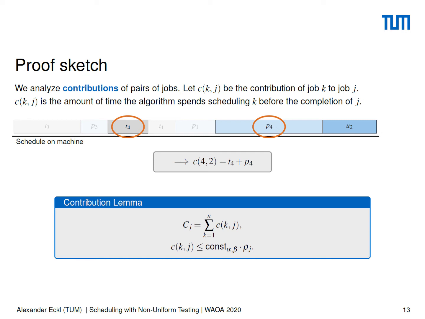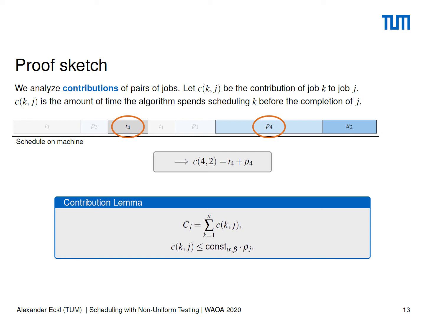If we look at this short example here, where we want to compute C42, which is the contribution of job 4 to the completion of job 2, we see that it is everything the algorithm schedules before 2 is finished. Since 2 is only finished at the end of this example schedule here, we have that both the testing time and the processing time of job 4 is included in the contribution C of 42.